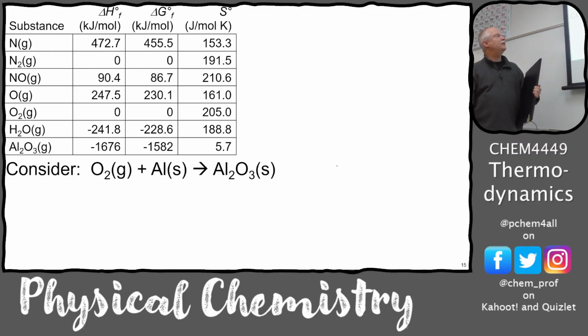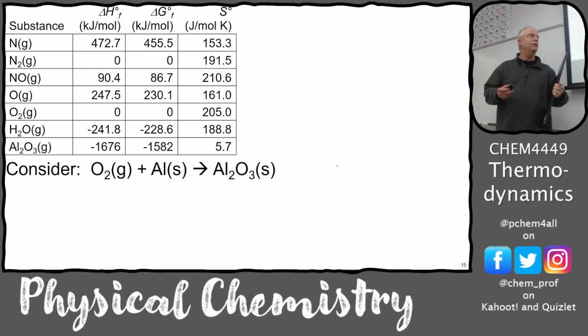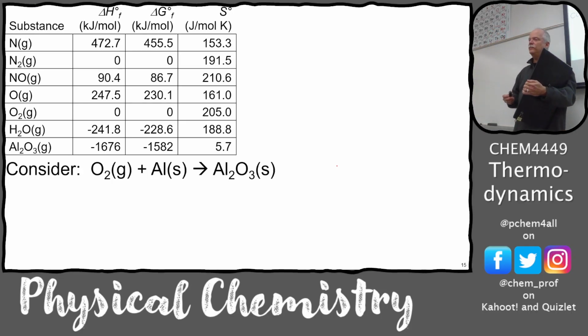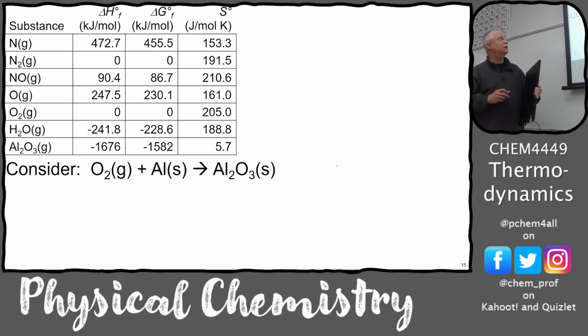Okay, so let's consider this situation where we have a really, really large Gibbs energy. We can look up this Gibbs energy in the table. This is a different reaction than what's in your notes, so if you're looking and going, wait a second, I'm trying to find one with a really spontaneous Gibbs energy, this is a pretty big one: oxygen and aluminum. So we have oxygen here.